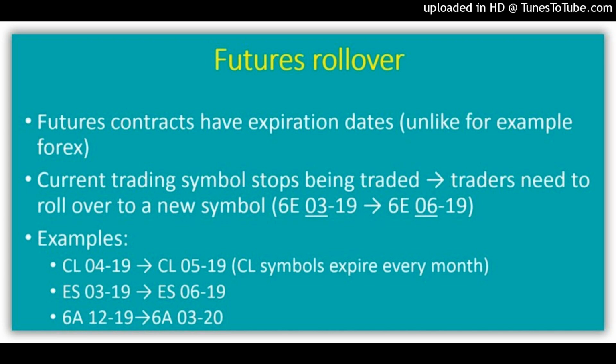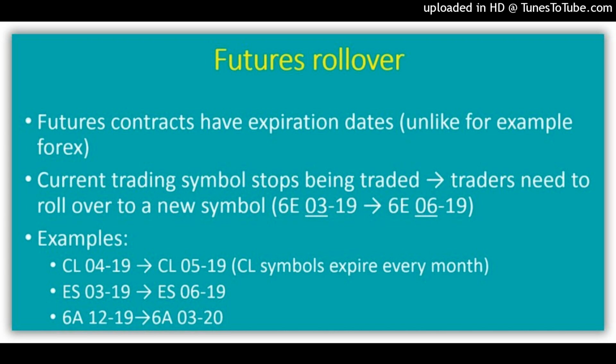This means that this contract is being traded 3 months, then you roll over to this one, which will again be traded 3 months, and after that also this one will expire and traders will need to shift to this symbol, 6E09, which goes for September 2019. So this will be the next symbol for the next 3 months.